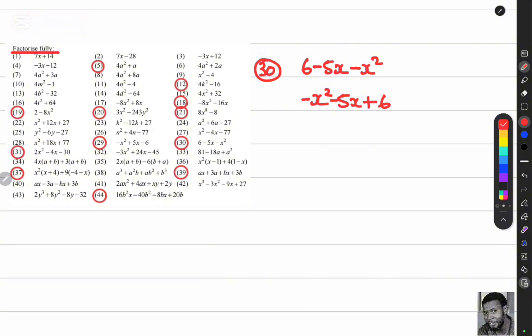Then you need to factor out the negative sign. You're going to have minus (x squared plus 5x minus 6). So this is what you have.